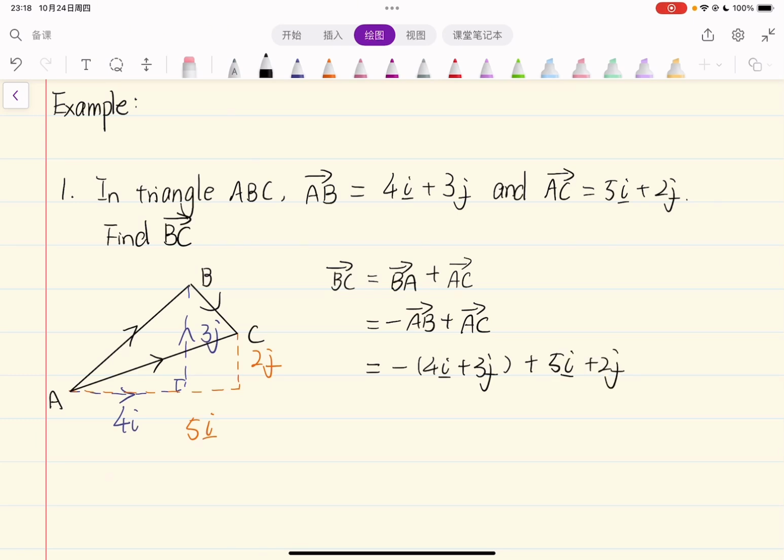That equals minus 4i minus 3j plus 5i plus 2j. That equals i minus j. So we get the answer.